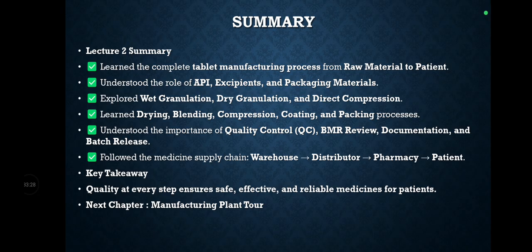We understood the role of API, what the API is, what the excipients are, and the packaging material. Then we explored wet granulation, dry granulation, direct compression, drying, blending, compression, coating, and packing material. We understood the importance of QC, BMR review, the documentation process, and batch release. Also, we followed the medicine supply chain: warehouse, distribution, pharmacy, patients.